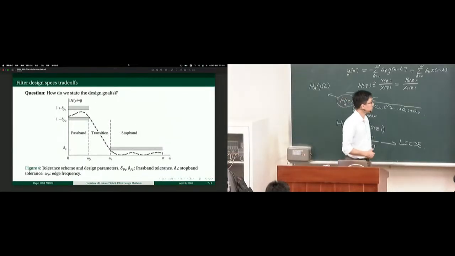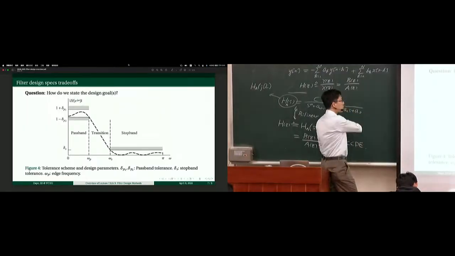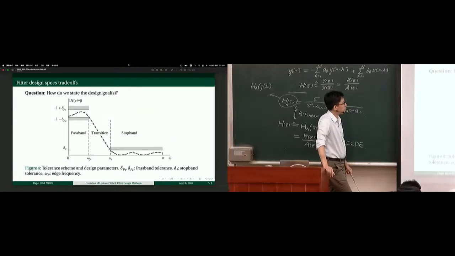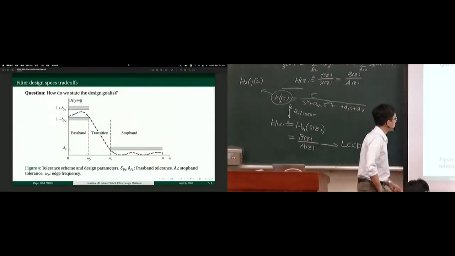At this point, before we start jumping into the details of designing an IIR filter or FIR filter, let's spend some time to talk about the general design goals. Here we use the low-pass filter design as our example.